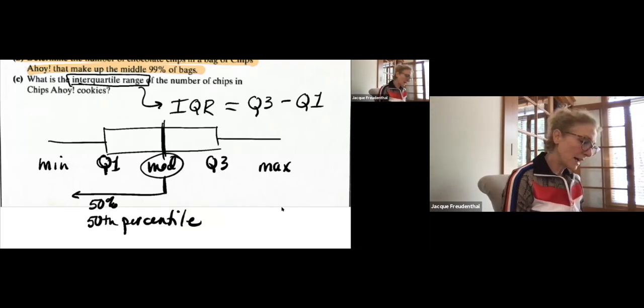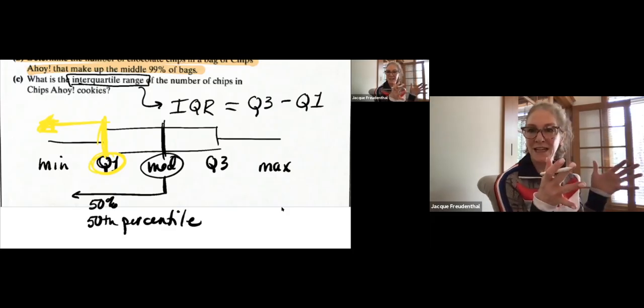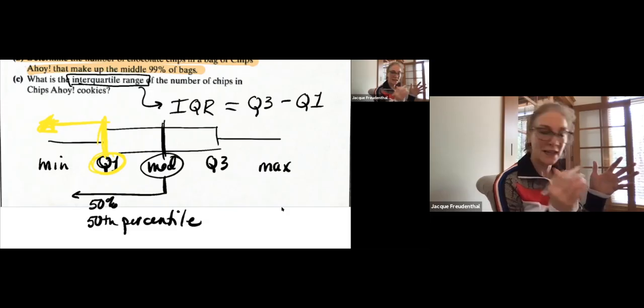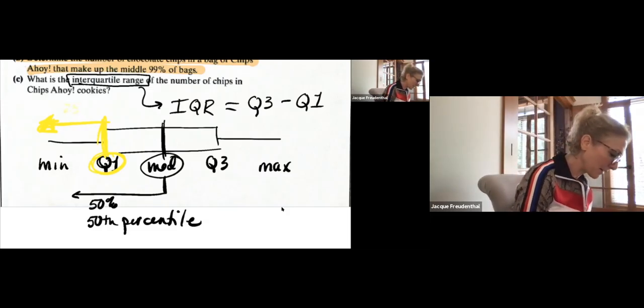The first quartile would be a location here. And what does it separate? Isn't it the middle of the first half of the data? So it's smack dab in the middle of the first half of the data. So this would be 25%. Let me do something darker. Do orange.